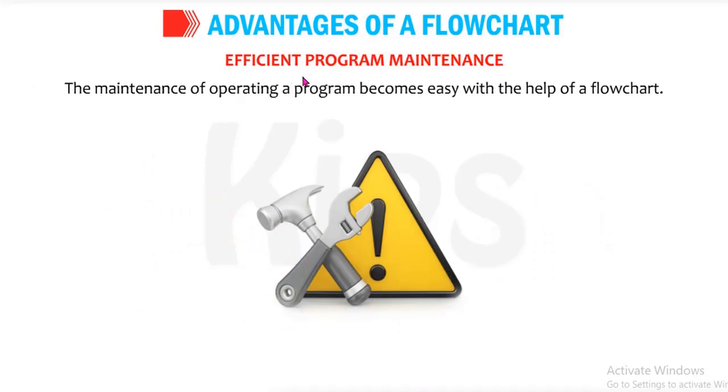Next one is efficient program maintenance. Once you found out there is an error here, oh, here you see there is an error. Once you found the error, then what can you do? You can maintain very easily. You just change only that place in that location, only those things. So very efficiently you can maintain it.